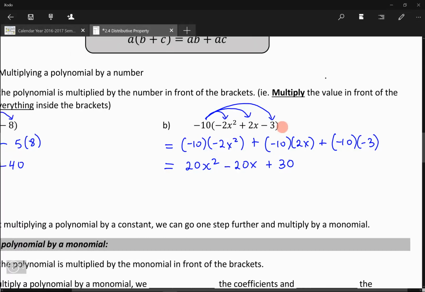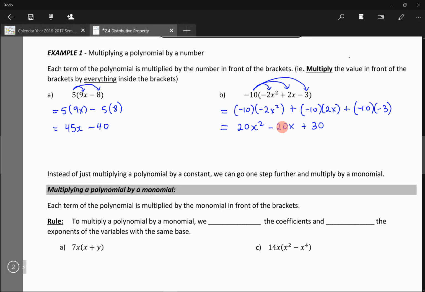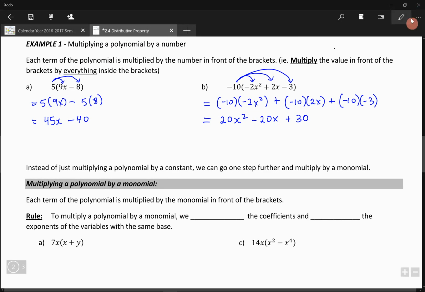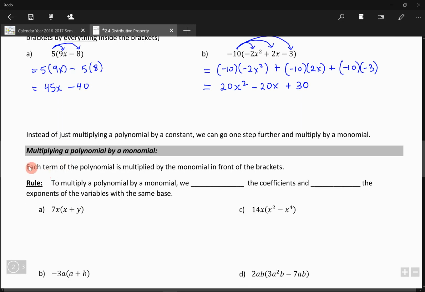And there you go. So instead of just multiplying a polynomial by a constant number, we can go one step further and multiply by a monomial. Okay, so it's very simple, right? This is just a constant in front. Now we're going to multiply by a monomial term. So each term of the polynomial is multiplied by the monomial in front of the brackets. So it's the same idea with the numbers.